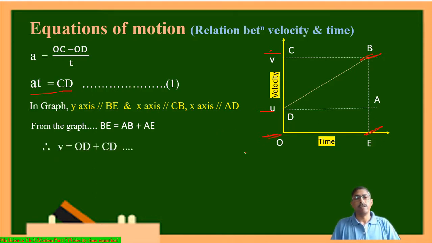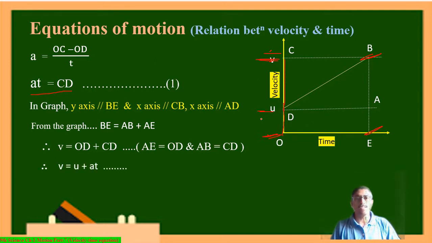We know that v is equal to OD plus CD. That means this distance is OD plus this distance. This is u and this total distance is at. See here, CD is at.